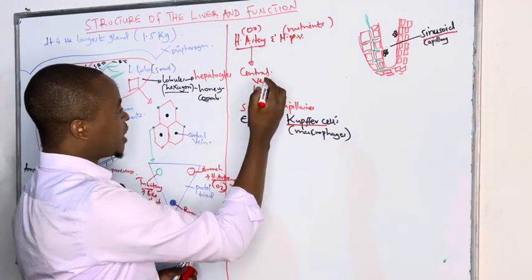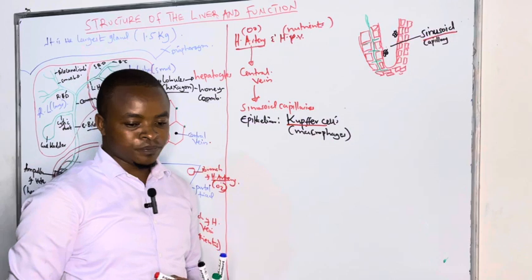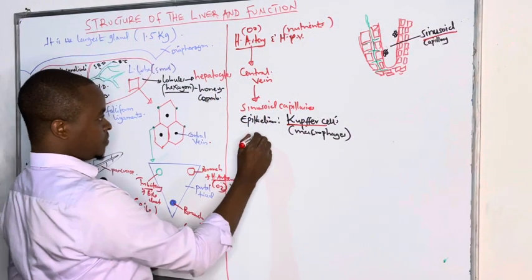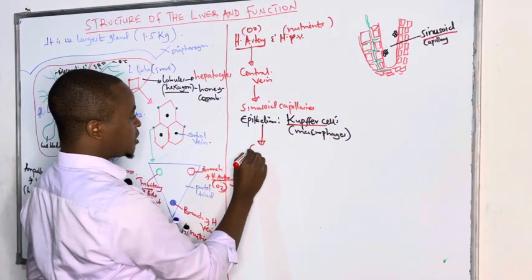And this sinusoid capillary is the one that continues to take the blood into the central vein.